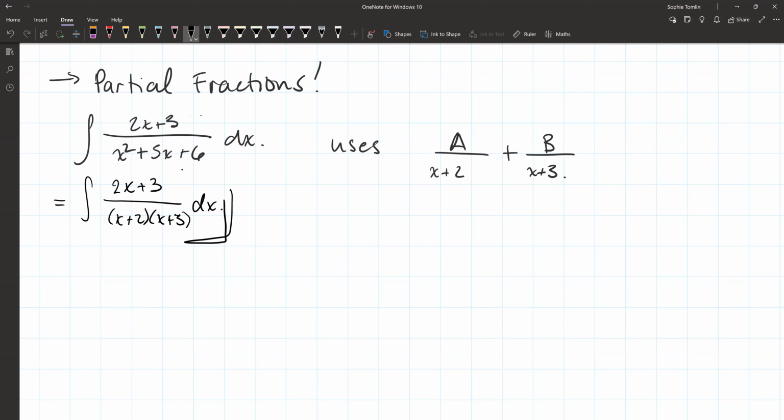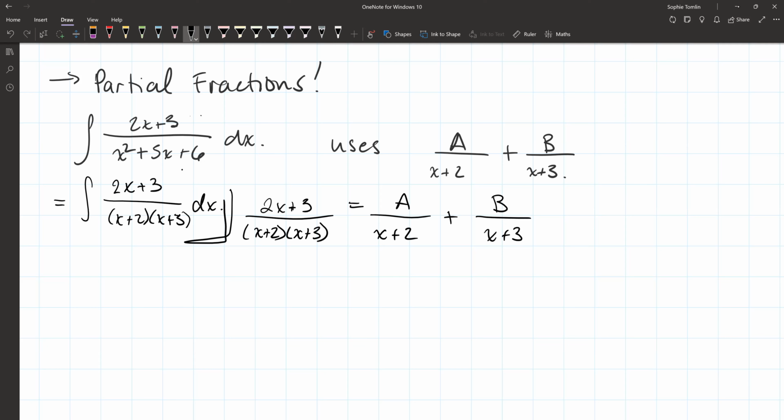So here we have that (2x plus 3) over (x plus 2)(x plus 3) is equal to something over x plus 2 plus another something over x plus 3.